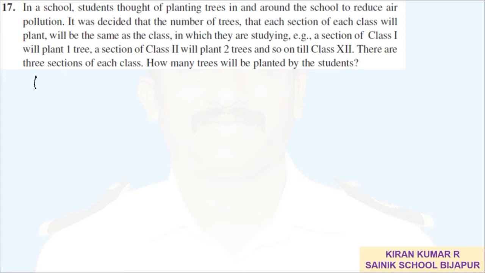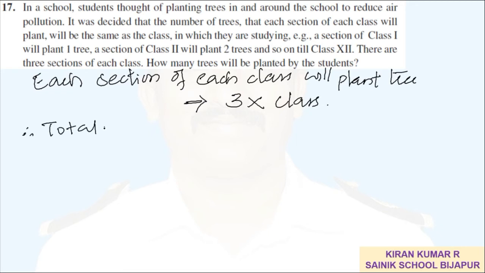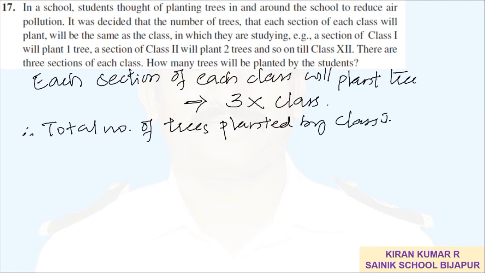Since they have given that each section of each class will plant trees, which implies it is 3 times the number of the class. Therefore, the total number of trees planted by class 1 will be 3 times 1, which is 3.